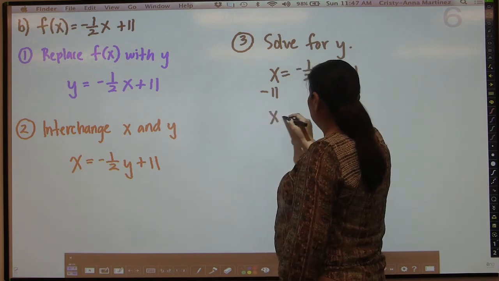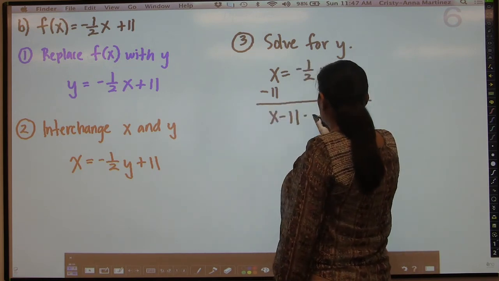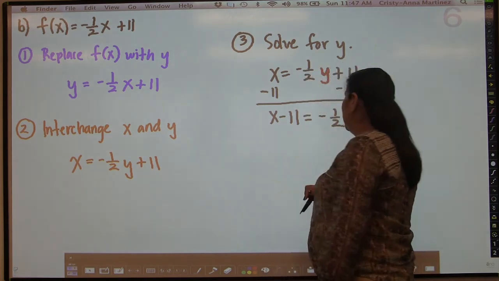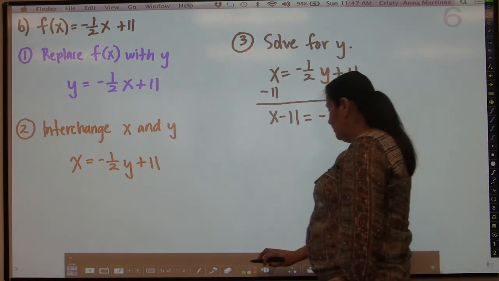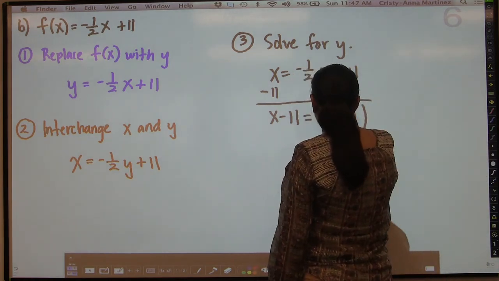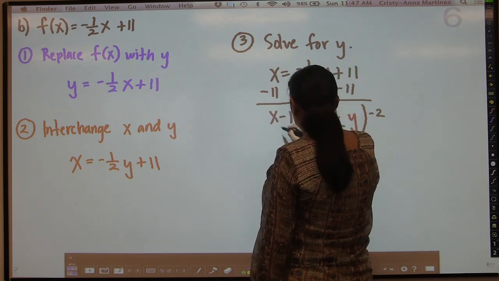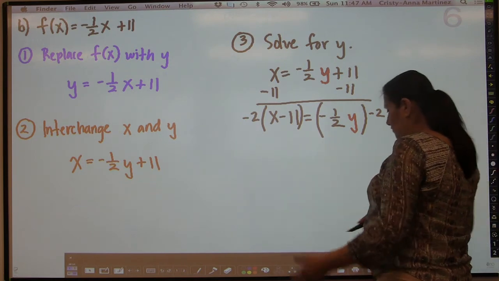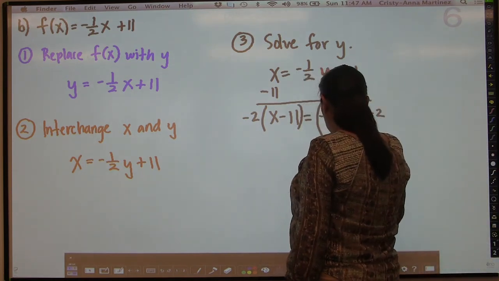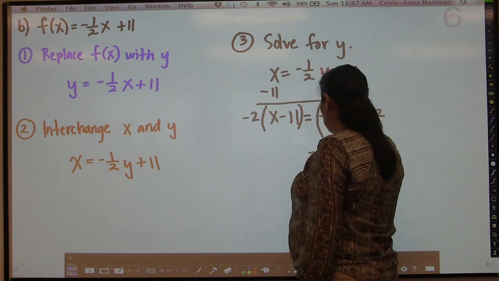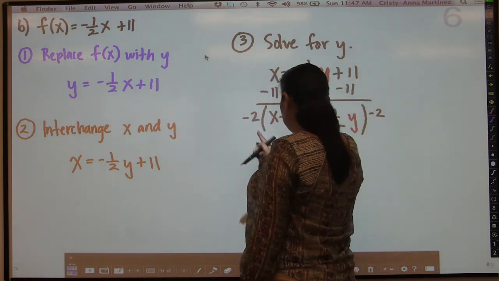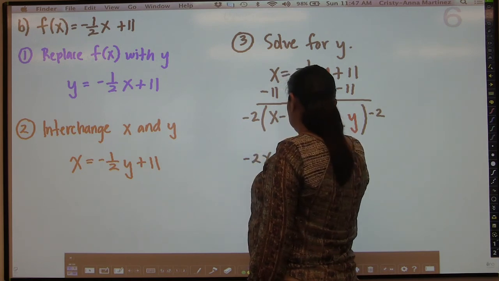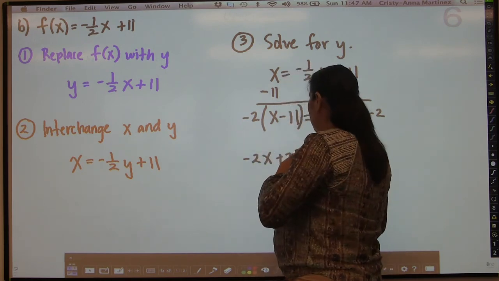So I will get x minus 11 equals negative 1/2 times y. And to get rid of the negative 1/2, I will multiply both sides by negative 2, because negative 2 times negative 1/2 is positive 1, and that will leave me with y, which is what I wanted. Over here, negative 2 times x is negative 2x, and negative 2 times negative 11 is positive 22. And so that's step 3.